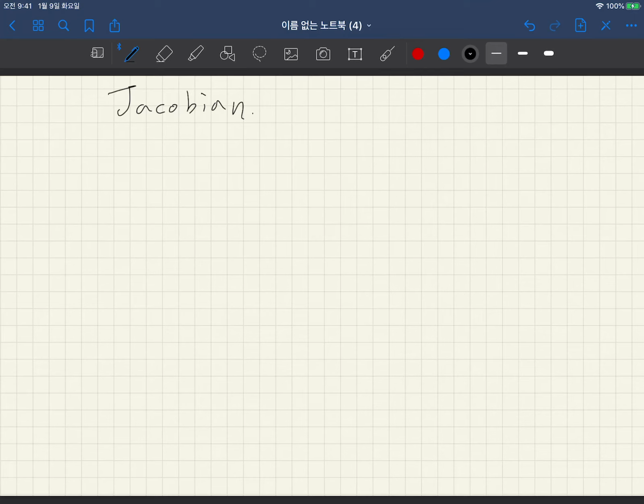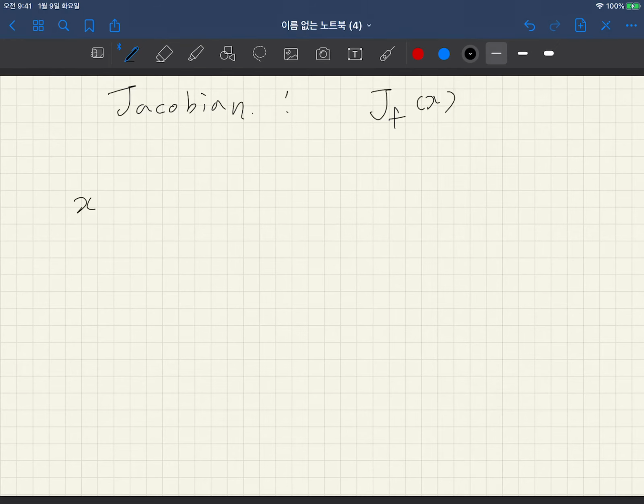There are a bunch of nice materials that can explain the Jacobian very easily to you. So let's use J to denote the Jacobian of function f at point x.